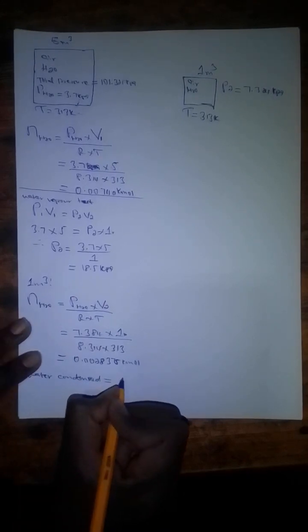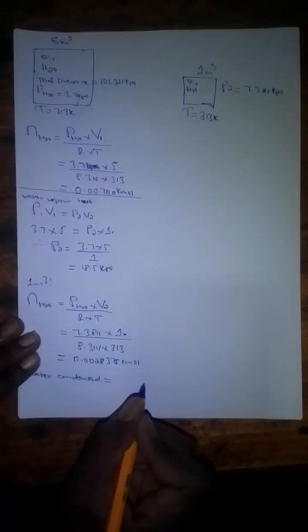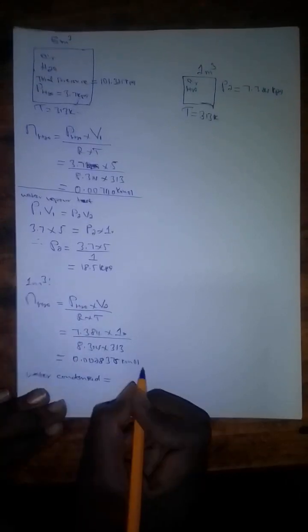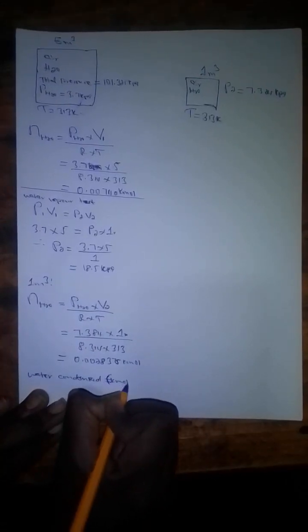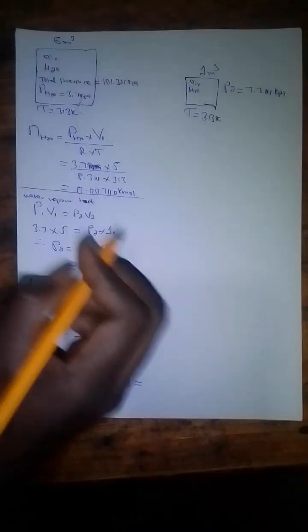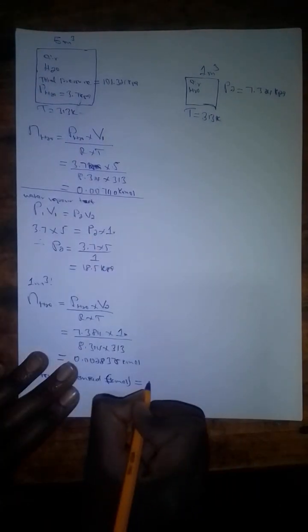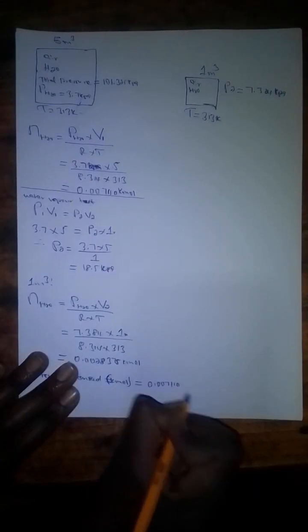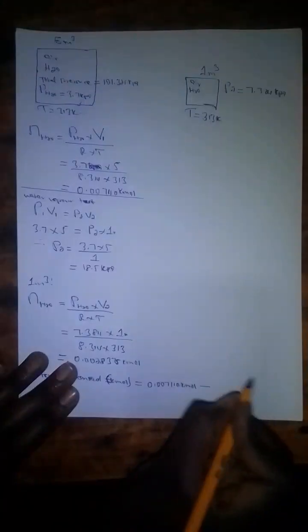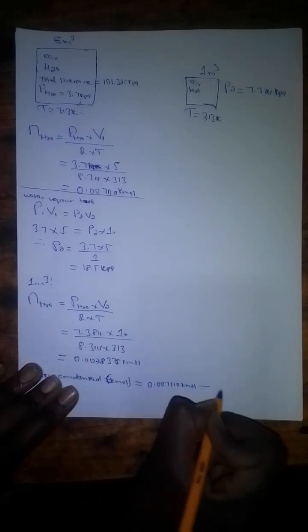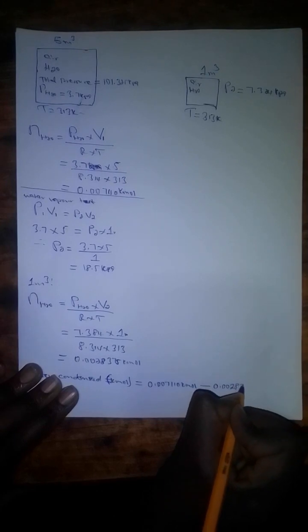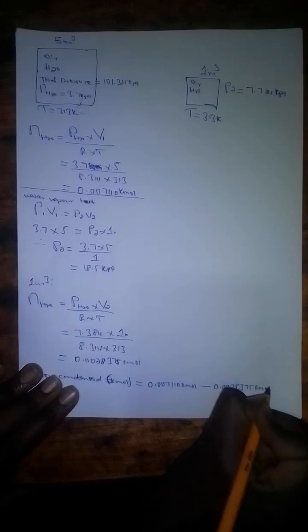is equal to, water condensed in kilomole is equal to the total or initial amount of water vapor that was here, which was 0.007110 kilomole, minus the water vapor that was there, which we calculated to be 0.0028375 kilomole.